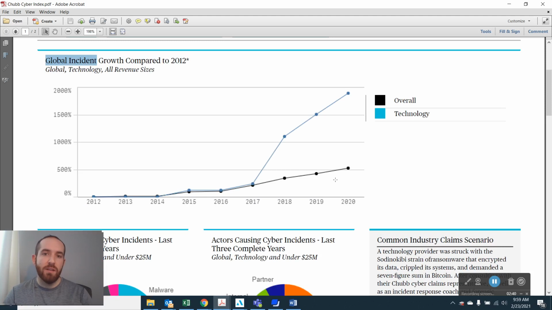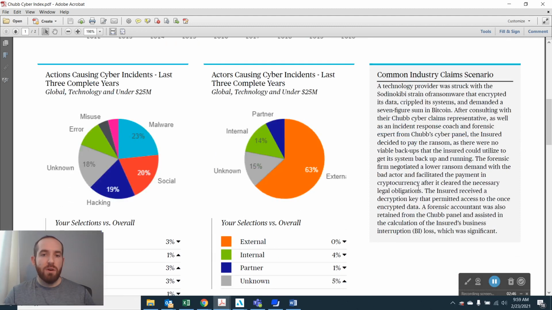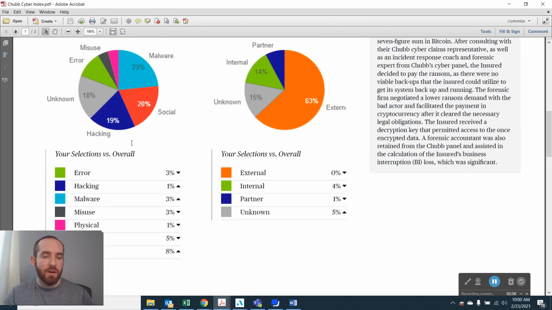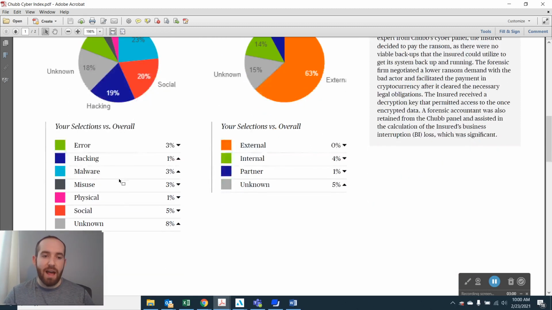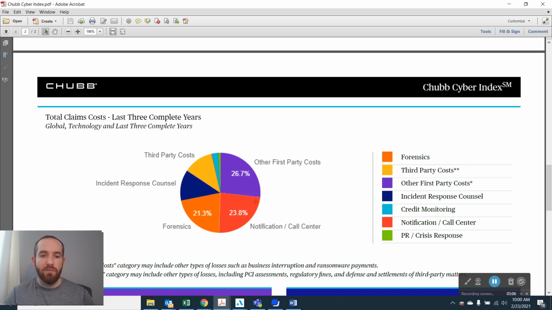Often, if hackers can get into a tech company, they can get all of the tech company's clients' data as well. So for this $3 million IT service firm, 60% of the data breaches will hit external servers. There's a good mix of social engineering, human error, pure hacking, or misuse as well. It gives you a pie chart of what to look out for.